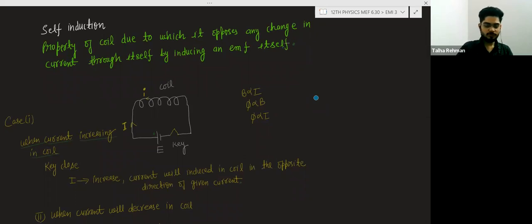Three topics are left. First is the inductor, which is a simple thing: like the capacitor, there is the inductor. Another topic is magnetic energy stored in the inductor, and after that energy density of the inductor. After these three topics we will start alternating current, and I will start from the concept of the AC generator.